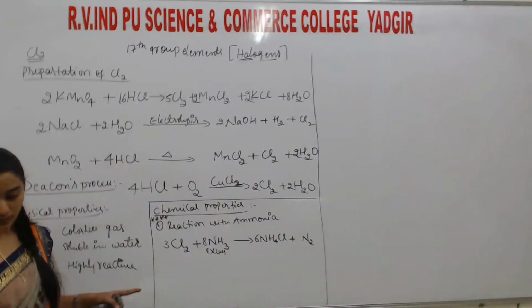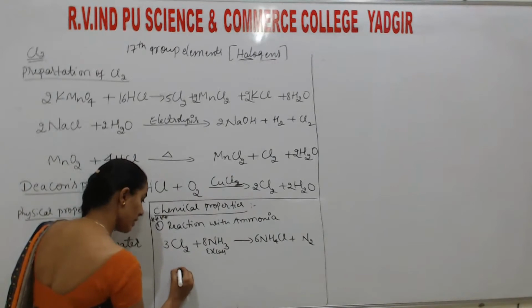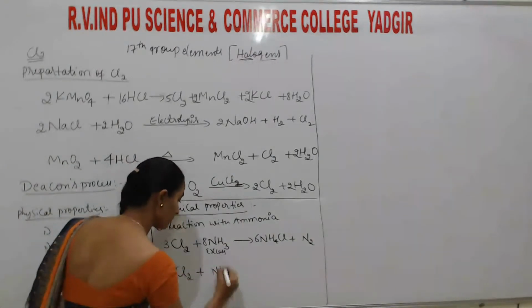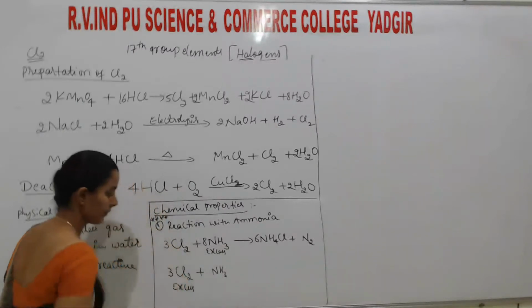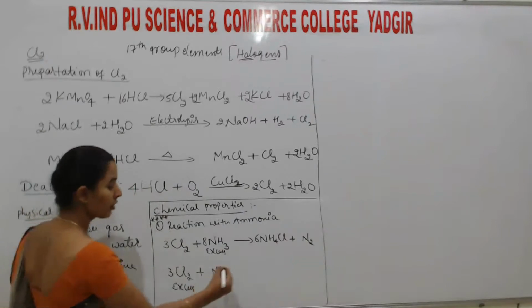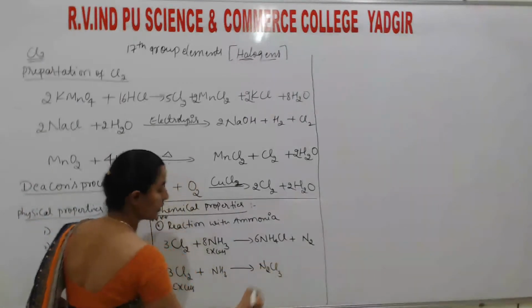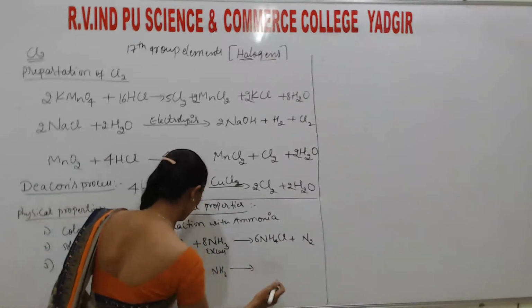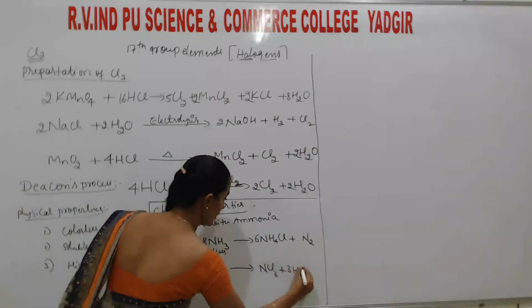Next, listen students. If this same ammonia reacts with excess of chlorine, it forms NCl3 plus 3HCl.